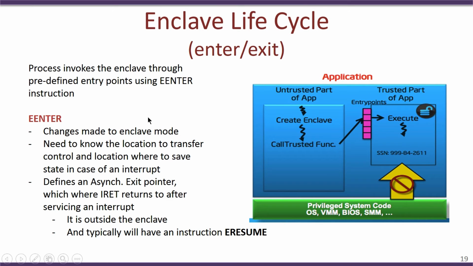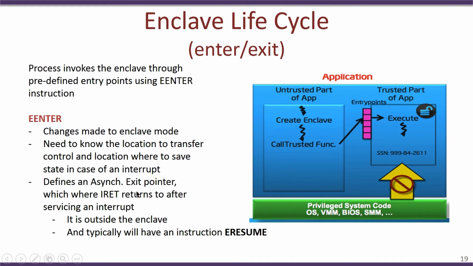When the untrusted part of the application invokes EENTER, certain things need to be specified. The EENTER instruction needs to know the location within the enclave where the transfer should be done. It should also define something known as an asynchronous exit pointer, which we will see a bit later.